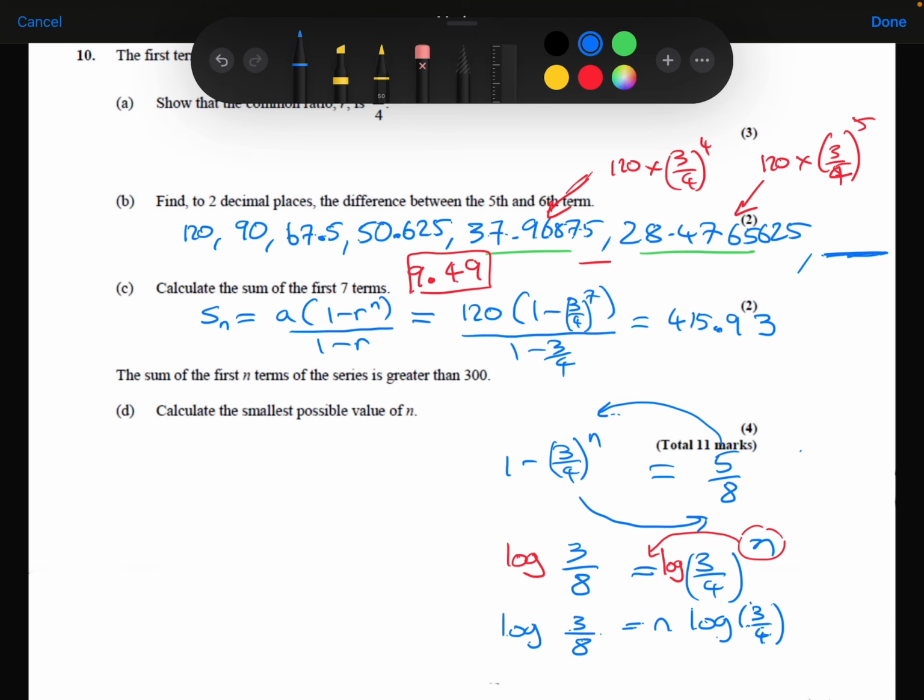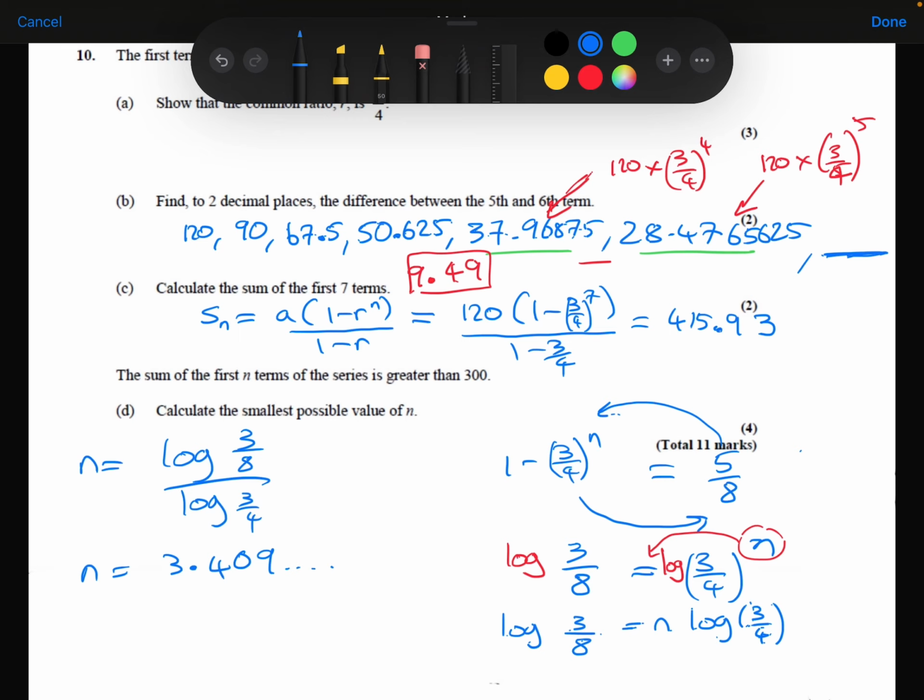And now I can divide both sides by log 3/4. So n equals log of 3/8 divided by log of 3/4. Now if I use my calculator for that, I'm going to get as my answer n equals 3.409. So the sum of the first 3.4 terms would be greater than 300.